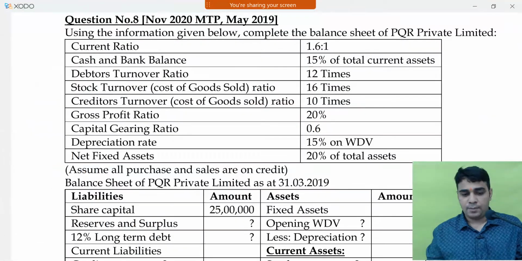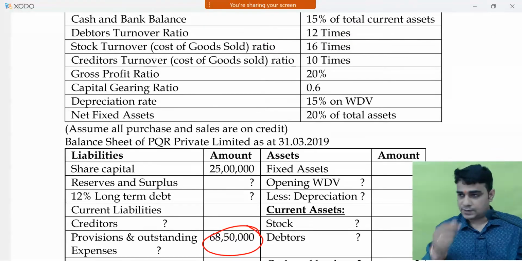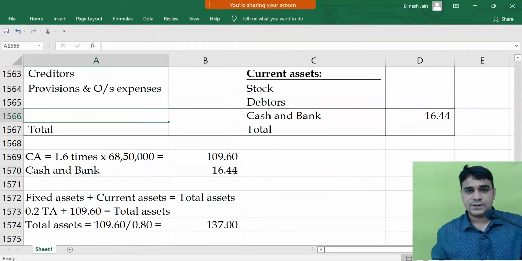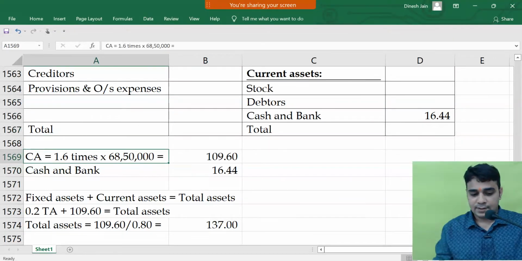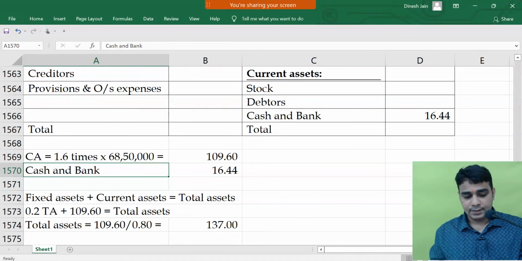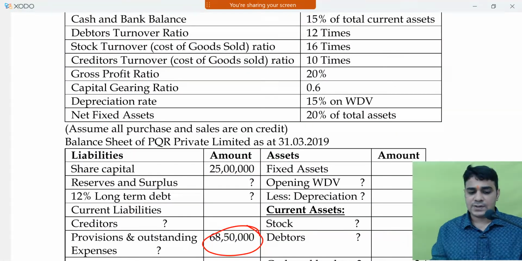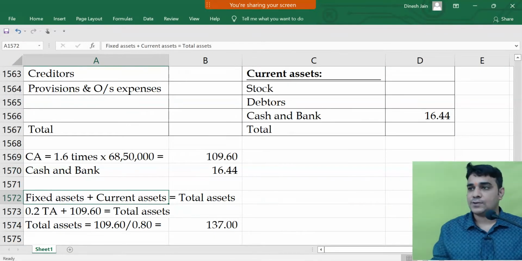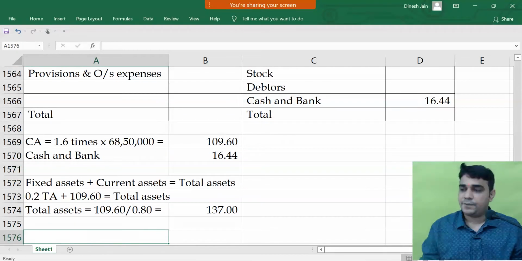First, you will use the formula of current ratio. 68 lakh 50,000 is the total of current liabilities, and that can give you the current assets, which is 109.6. Then you can get the cash and bank. Another piece of information in the question is that net fixed assets is 20% of total assets. So fixed assets plus current assets is total assets, and that can give you the figure of total assets.